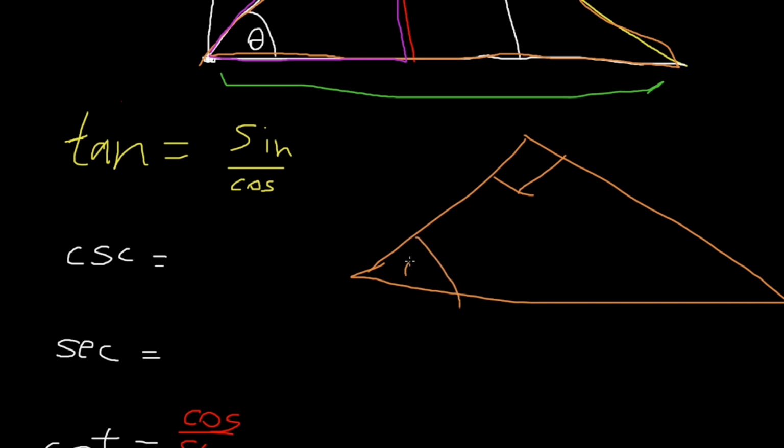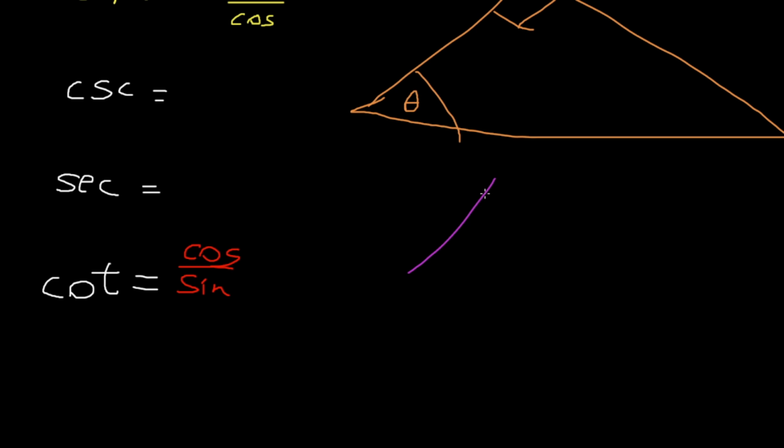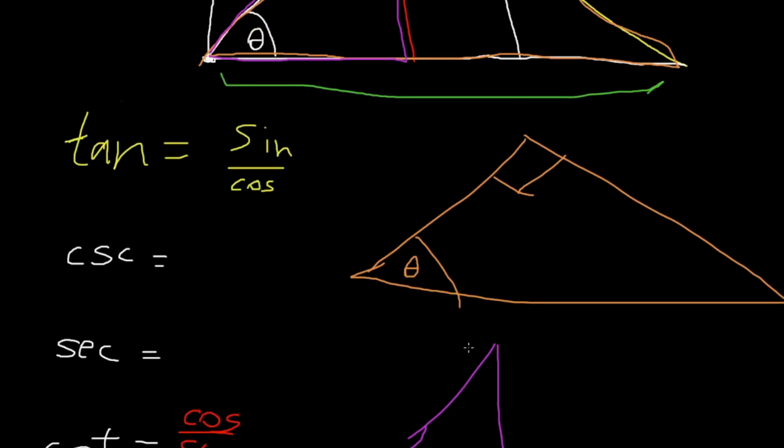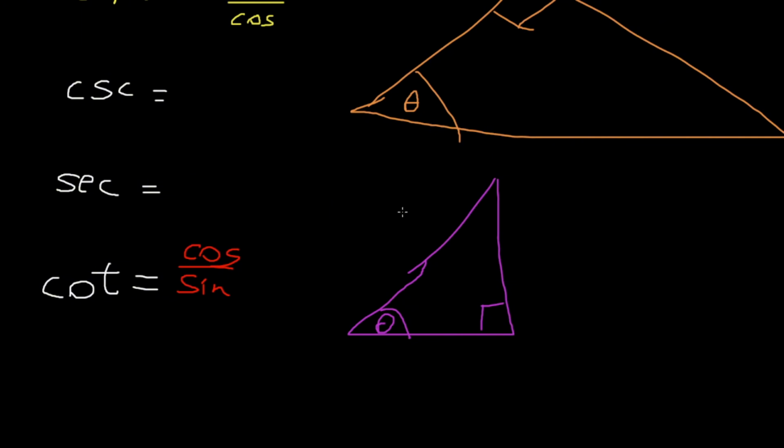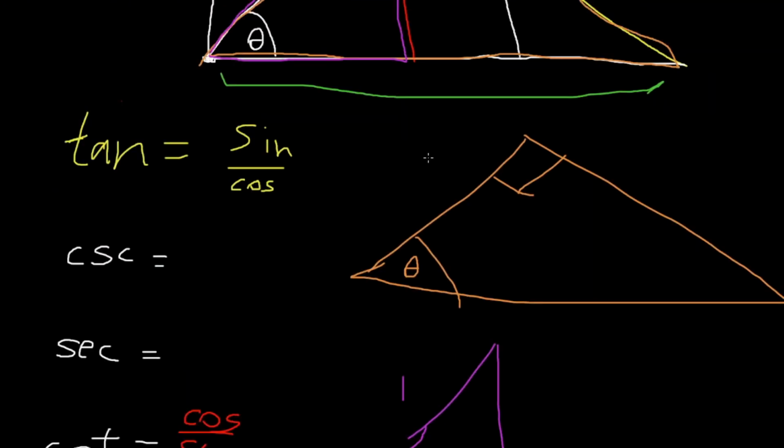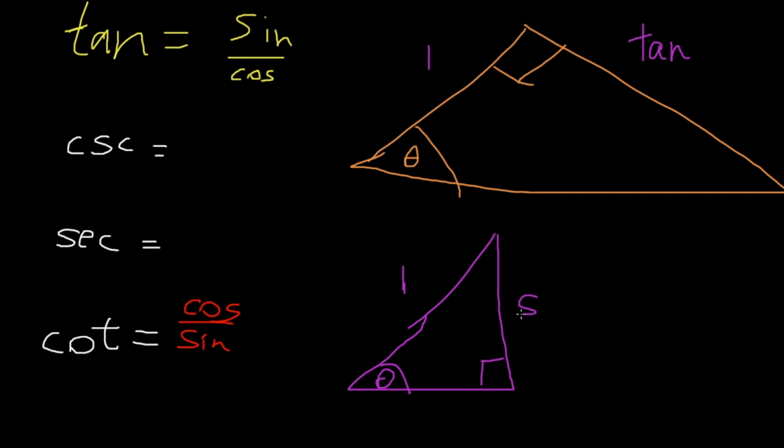That's theta. And then we use the purple one that we always relate back to, remember? So we have theta right here, a 90-degree angle right there. These two triangles are similar. That's 1, and this is also 1 right there. This is tangent. This is sine, and that's cosine.